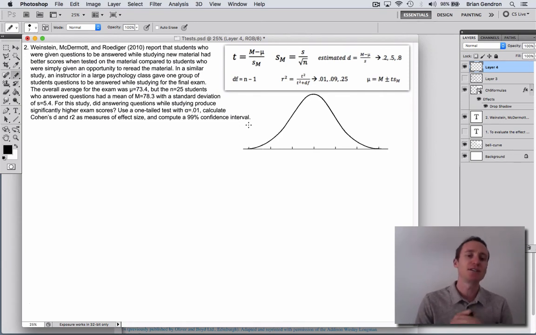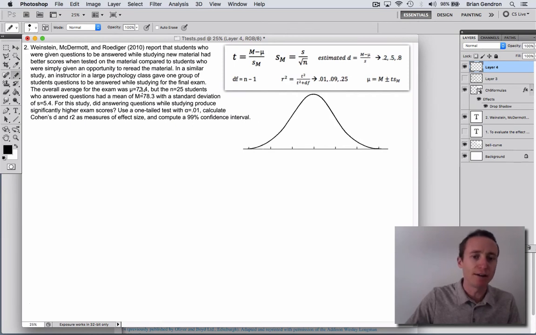All right, so essentially what's going on here is we're making an experiment. We're going to see if exam scores are different, comparing individuals who get practice questions versus those who do not. So the treatment is whether or not students got these study questions to go over and practice. The overall average for the exam is 73.4.